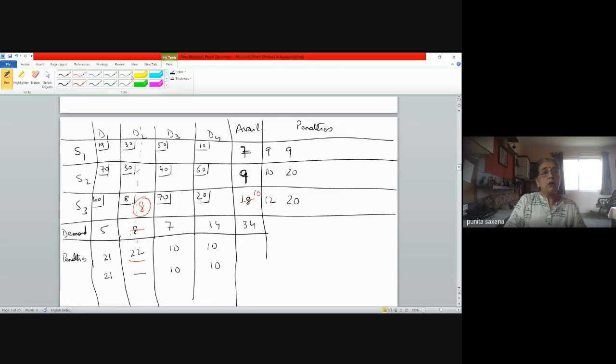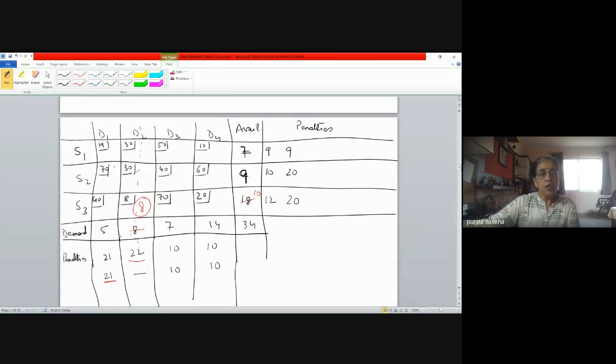Right? Now repeat your step number 2. That means choose the row or column that has the maximum penalty. In this case, the maximum penalty happens to be how much? 21, right? So that means we have to make allocations in the first column.